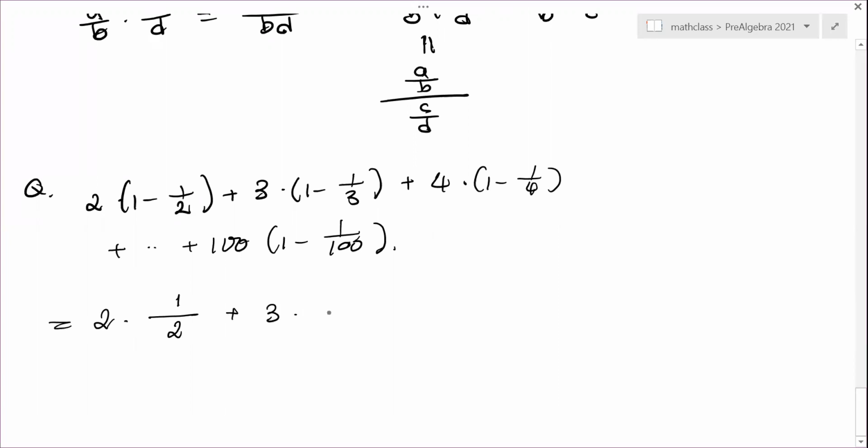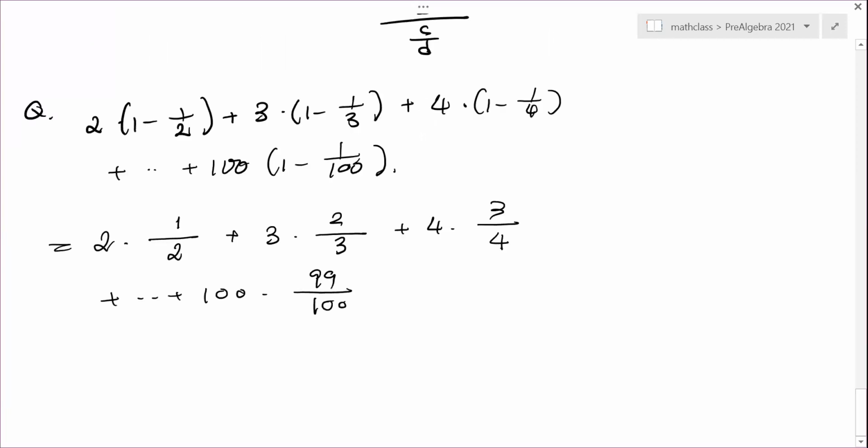The second one is 2 over 3, and the fourth one is 3 over 4. So you find the pattern first, and then keep it going. The last one is 100 minus 1, which is 99, over 100.